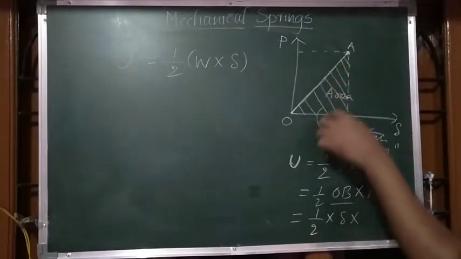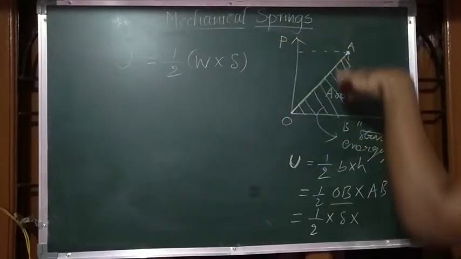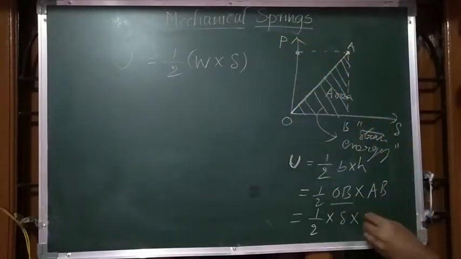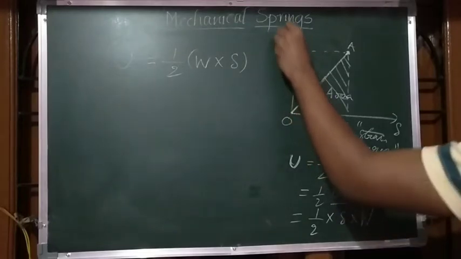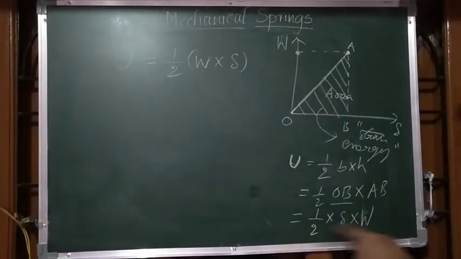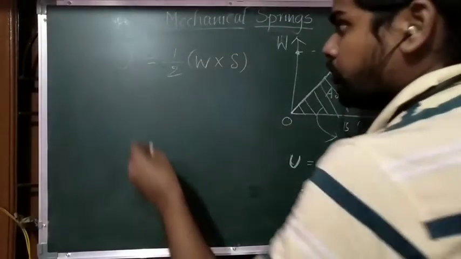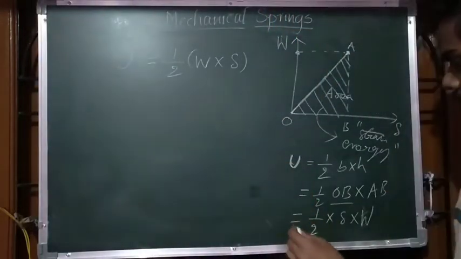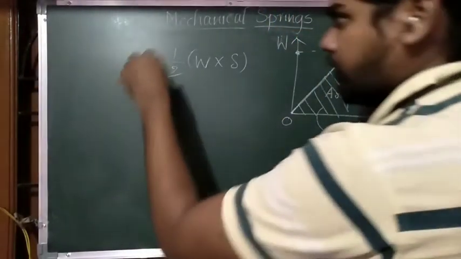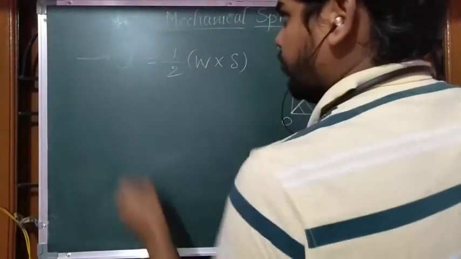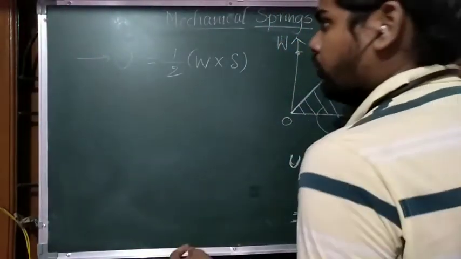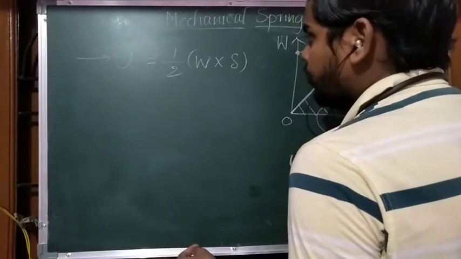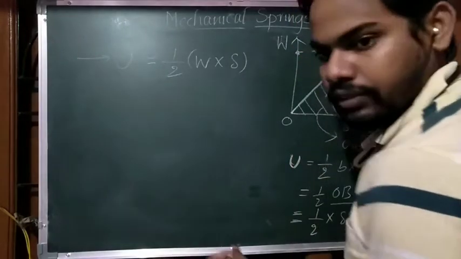AB represents the load, let us say load is W. Then it becomes half of load into deflection. This is the procedure to get strain energy, the fundamental formula U is equal to half of W into deflection.